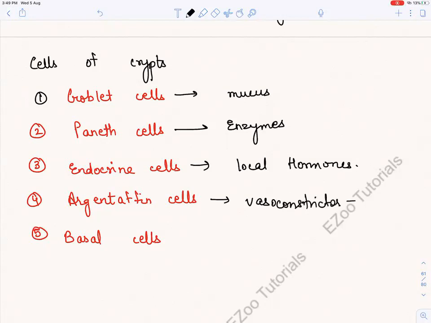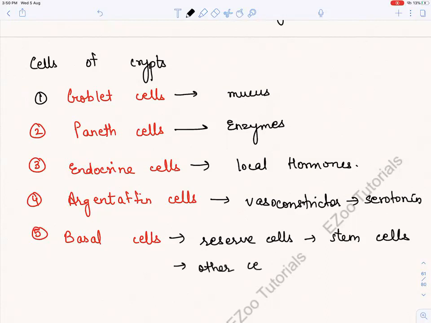The name of that vasoconstrictor is serotonin. And the basal cells are what? These are reserve cells, or you can say these are stem cells, that help if other cells are injured or damaged, so they give rise to other cells. Okay, so please see this.